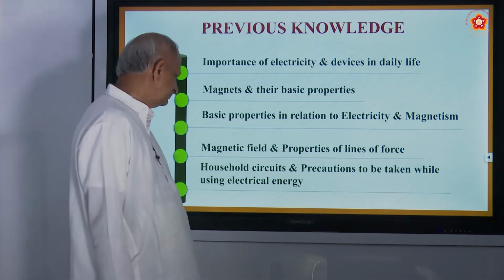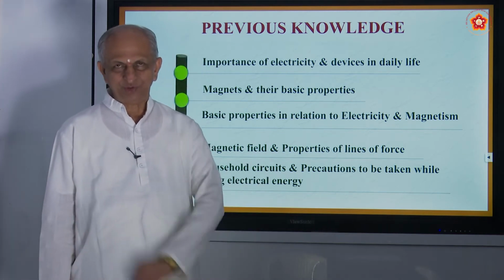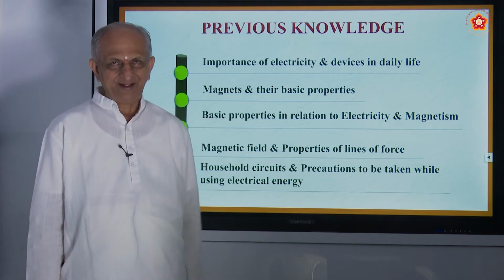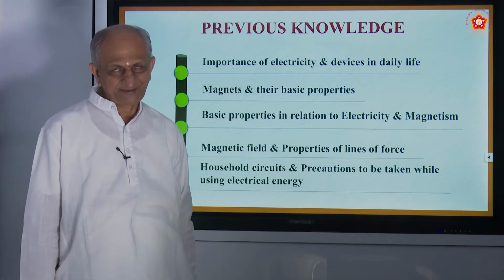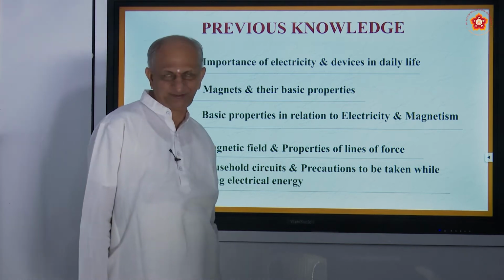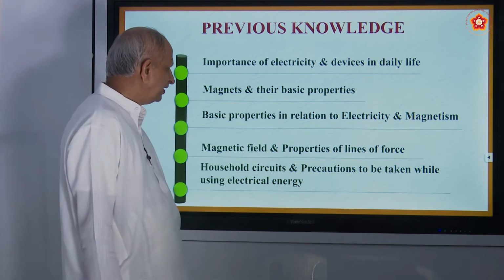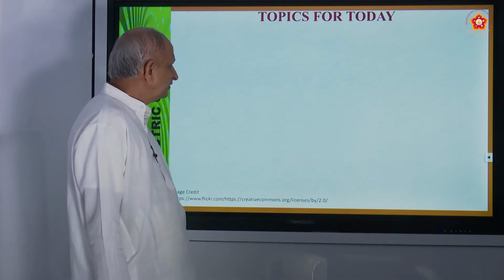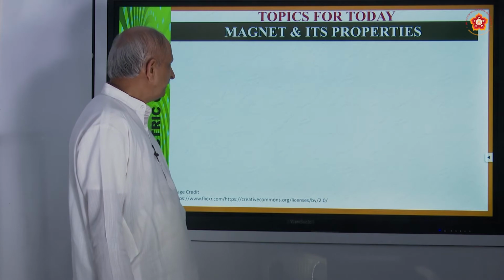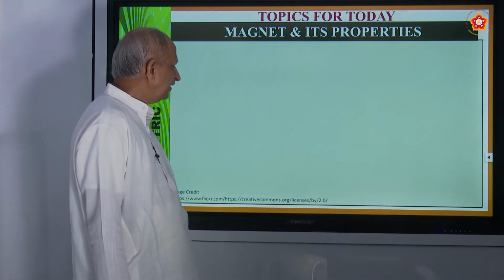Is it not? And also how the circuits are made. You know how the wires are connected to the different appliances. All these things you already know. Now we will see some more details after knowing this basic. And let me just start with a story.